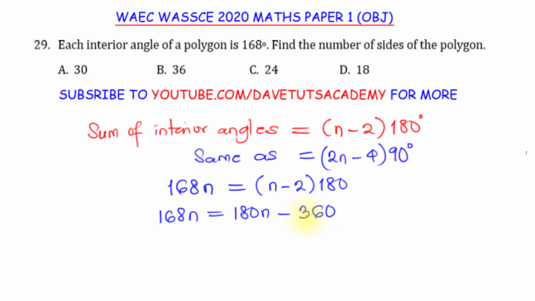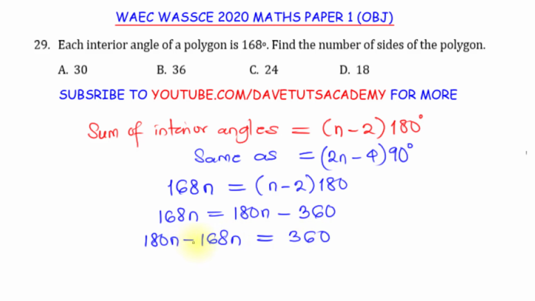So if we take 360 to the left hand side so that it will be positive, and we take 168n to the other side, we can have this to be 180n minus 168n is equal to 360 degrees.